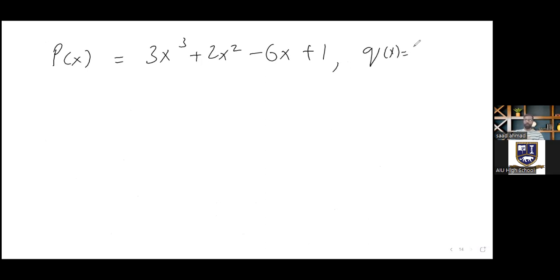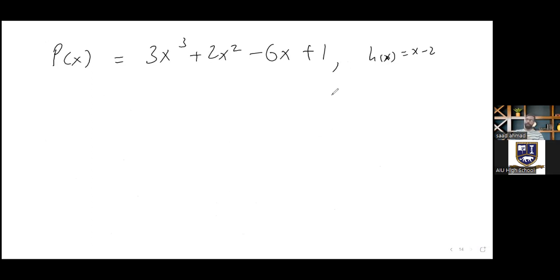If we want to find the remainder, let's say we have the polynomial p of x, 3x cubed plus 2x squared minus 6x plus 1, and we divide it by the binomial x minus 2.